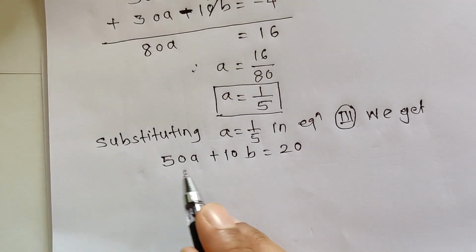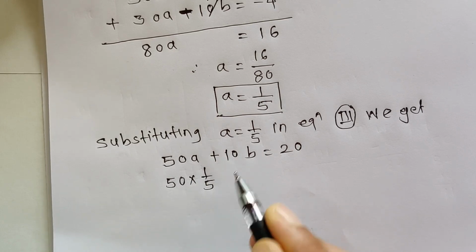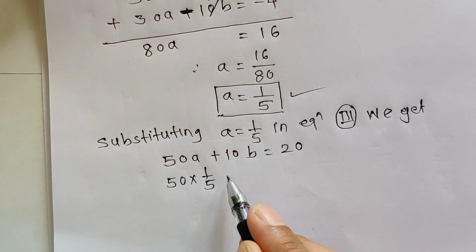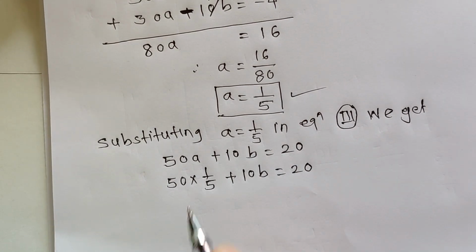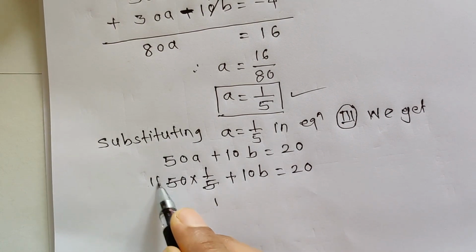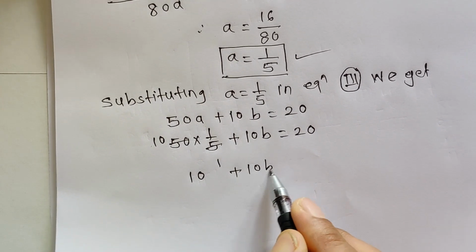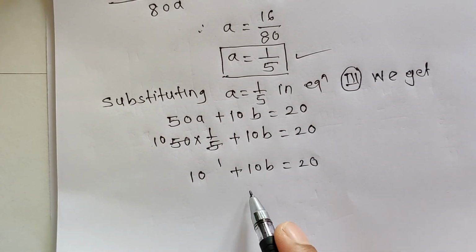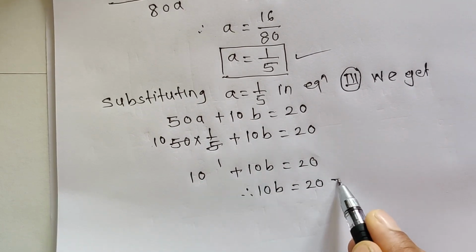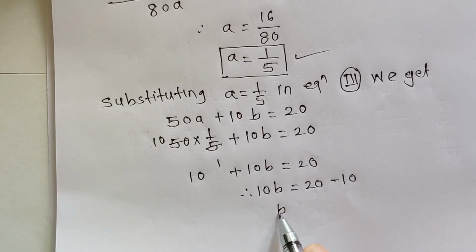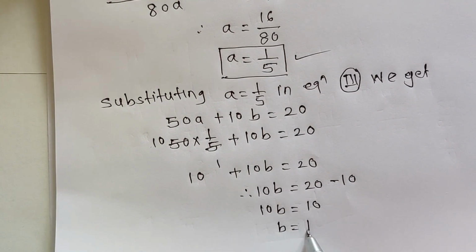Here we have to substitute a is equal to 1 upon 5. So 50 multiplied by 1 upon 5, here it is the value of a, plus 10b is equal to 20. So 5 tens are 50, 50 divided by 5 is 10. So we get 10 plus 10b is equal to 20. Therefore 10b is equal to 20 minus 10. So we get 10b is equal to 10, b is equal to 1.